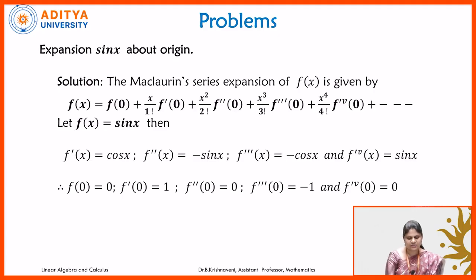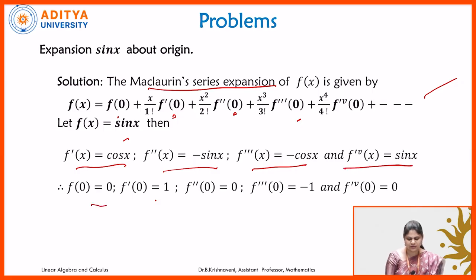Now, expansion of sin x about the origin means nothing but the Maclaurin series, and here f of x is sin x. We know this is the Maclaurin series in which we take the values f of 0, f dash 0, f double dash 0, and so on. Taking f of x is equal to sin x, find f dash x, f double dash x, f triple dash x, f fourth derivative of x, substitute x is equal to 0 in each case, and substitute in the expansion.